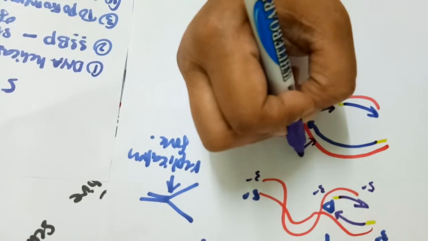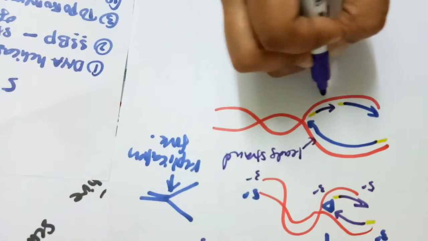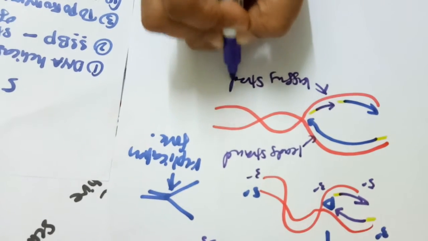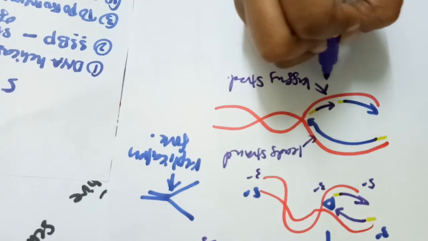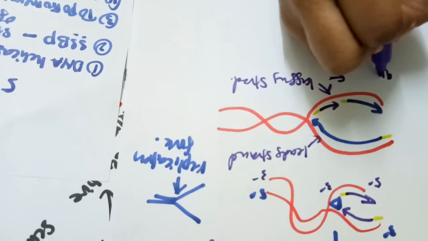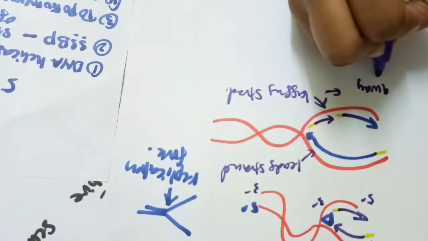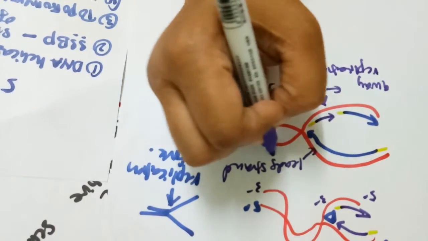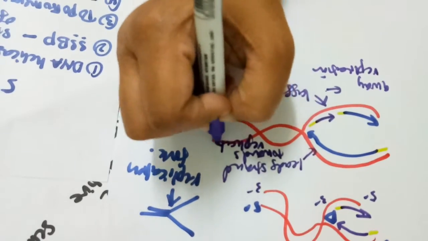Because of that, we call this one the leading strand, and this one the lagging strand. The lagging strand moves away from the replication fork, while the leading strand moves towards the replication fork.